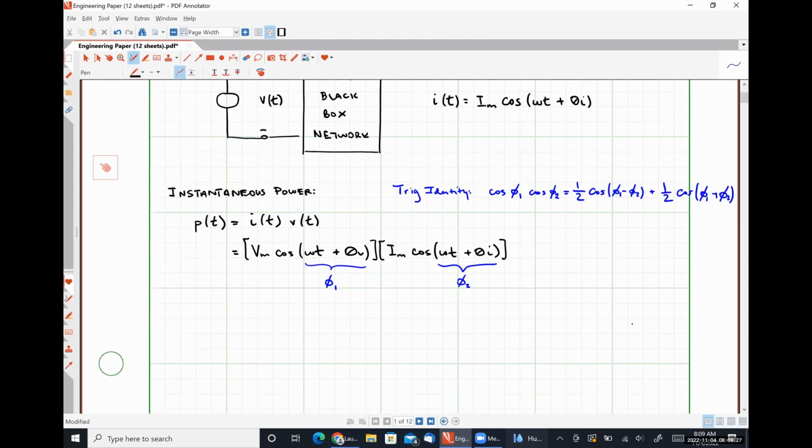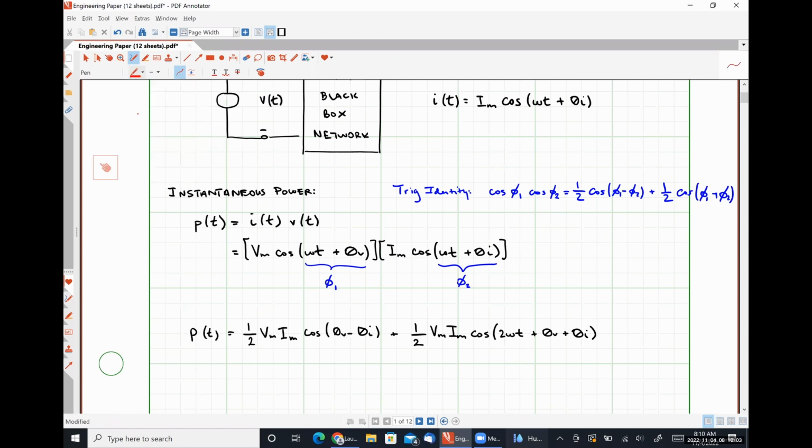If we apply this trig identity, what we're going to wind up getting is 1/2 Vm Im cosine(theta v minus theta i) plus 1/2 Vm Im cosine(2 omega t plus theta v plus theta i).